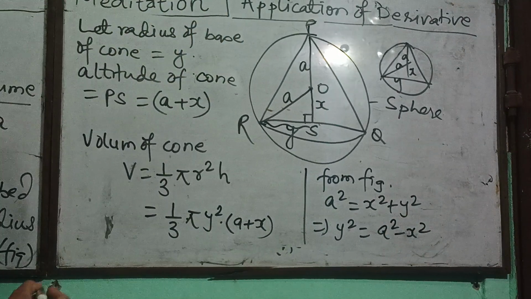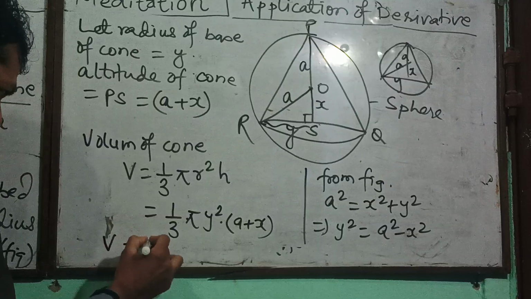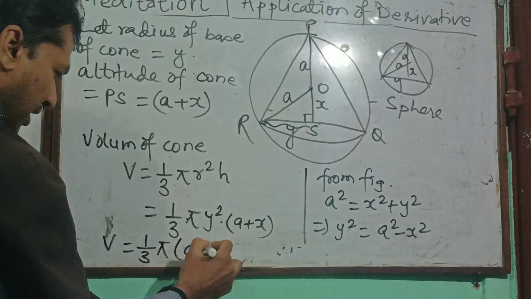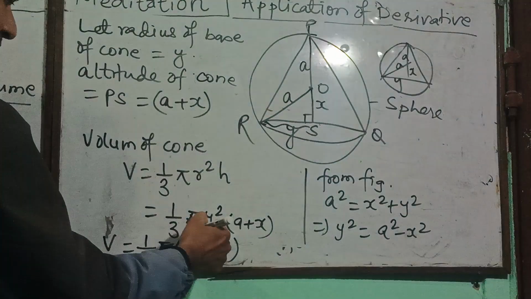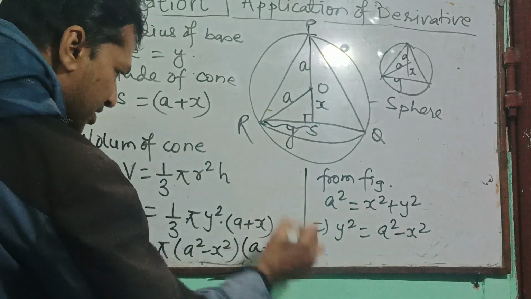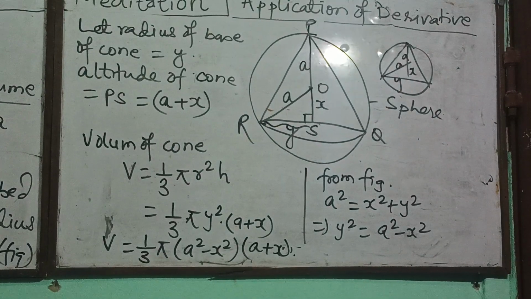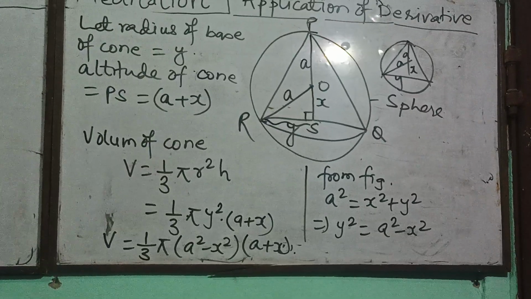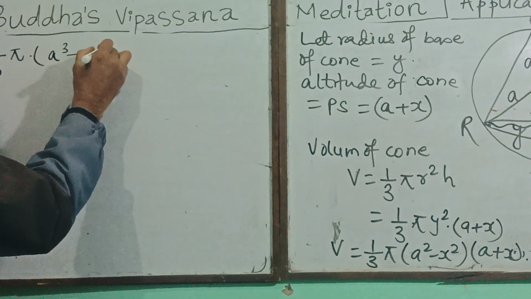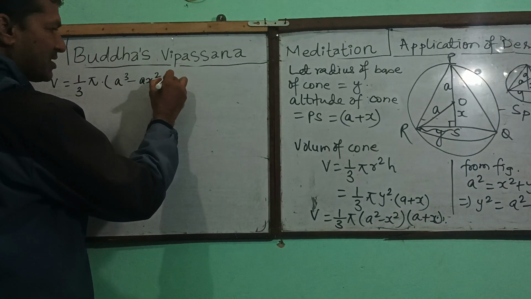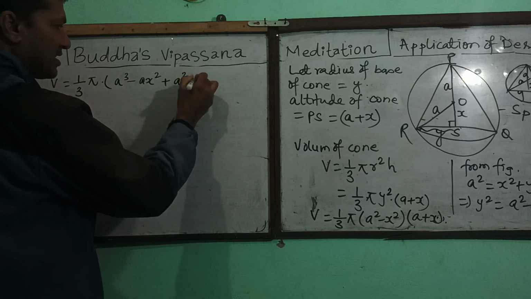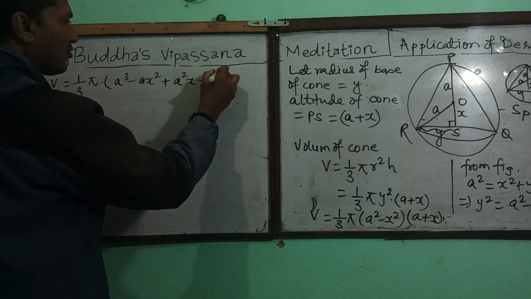So the volume we are getting is 1/3 pi into A square minus X square, the value of Y substituted over here, times A plus X. Then after this is multiplied, this is A cube minus A X square plus A square X minus X cube.